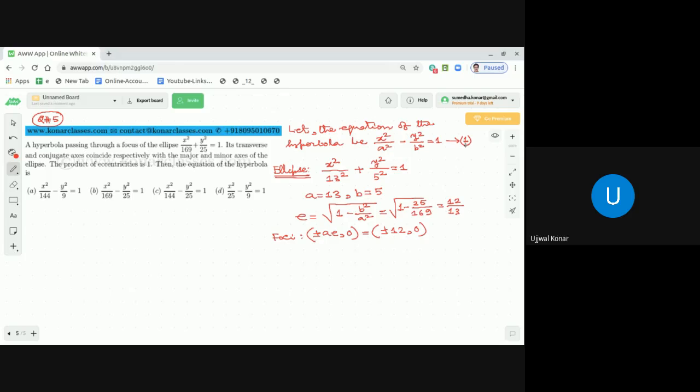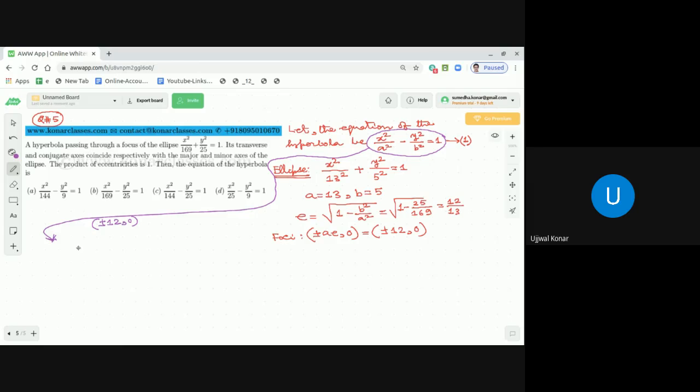Now, if you look into the question, the first statement: a hyperbola passing through the focus of the ellipse x square by 169 plus y square by 25 is equal to 1. So that means this equation 1 is passing through the point plus minus 12 comma 0. So it must satisfy that point.